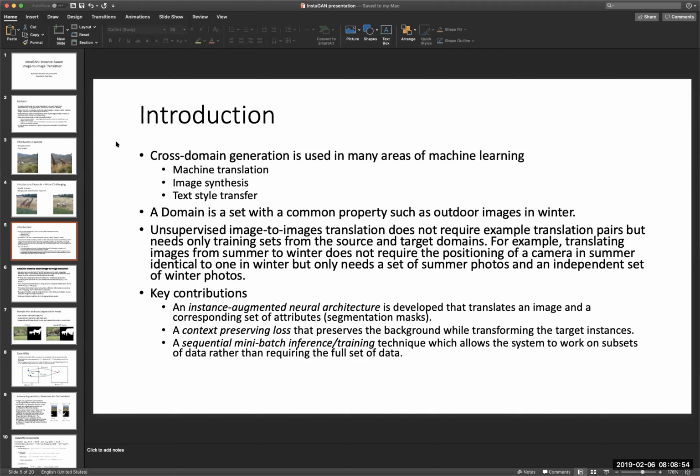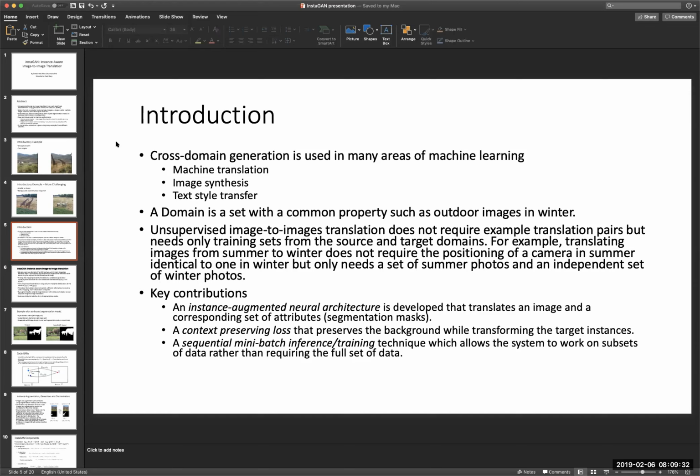So we talk about domains in this paper, and what we mean by that is it's a set with a common property, such as, for example, outdoor images in winter. Image-to-image translation does not require example translation pairs, but it needs only training sets from the source domain and the target domain.